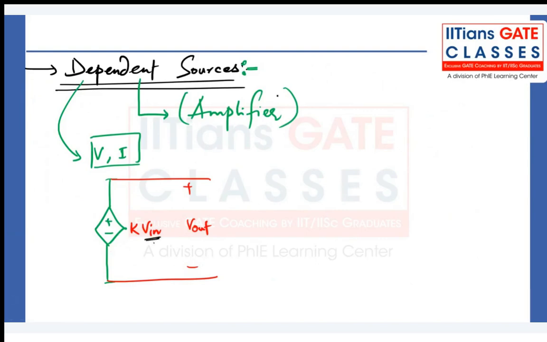What we call it? Voltage controlled, and this plus minus sign indicates that this is a voltage source. So what is the meaning of this? We call it a voltage controlled voltage source.